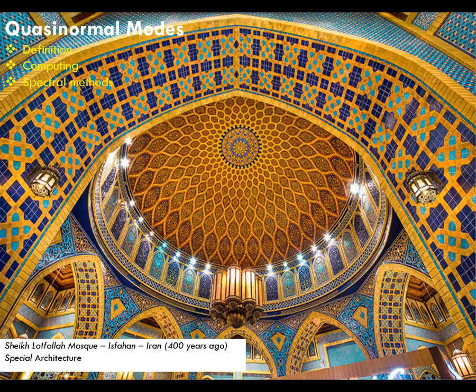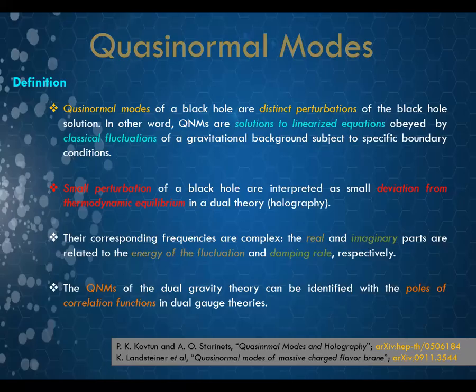Okay. It would maybe be useful if we mention something about the application of the spectral method to find quasi-normal modes. The quasi-normal mode, as you know, is the solution of the linearized fluctuation equation of a black hole that describes distinct perturbation and holographically is dual to a small deviation from thermodynamic equilibrium.